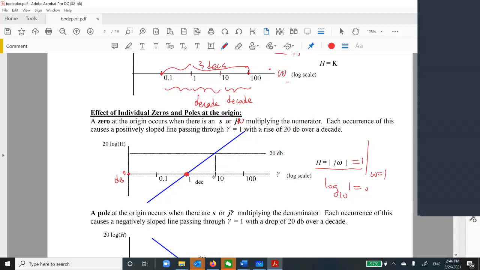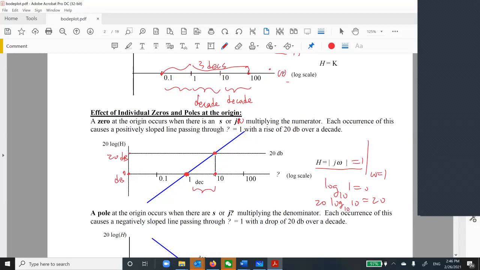Another thing you should do is check a decade. So this is 1 decade, and then you should have 20 dB here, because with 10 times, log 10 of 10 gives you 20.